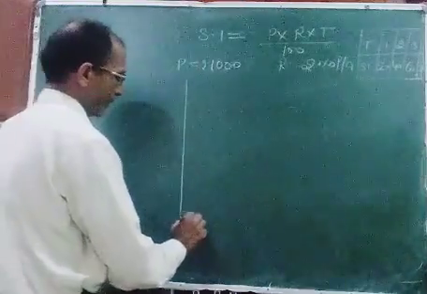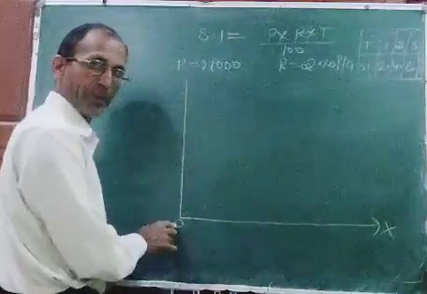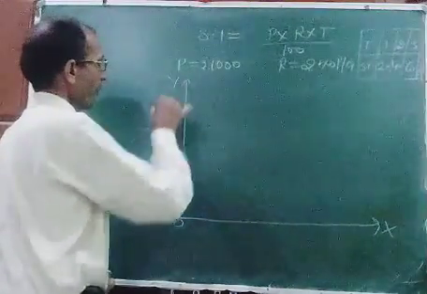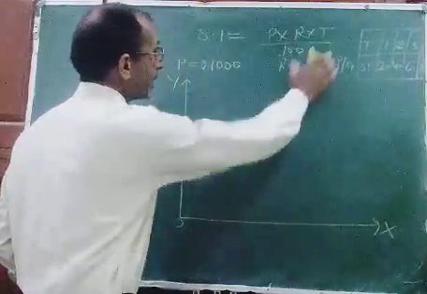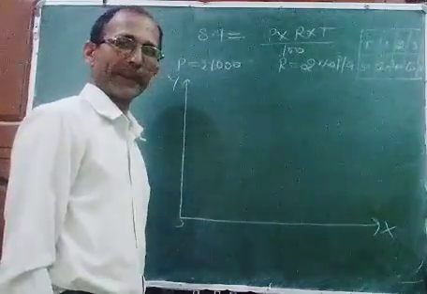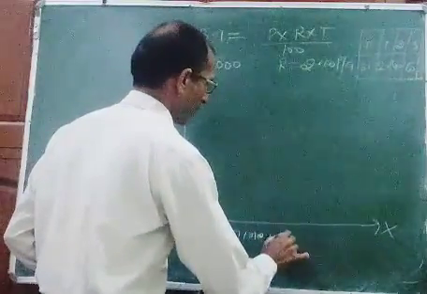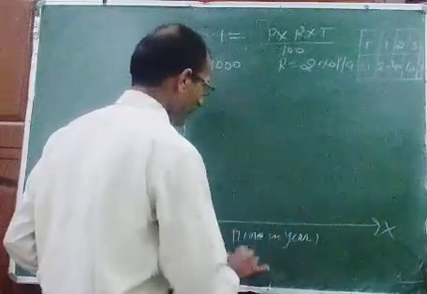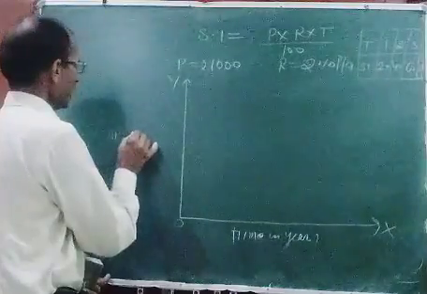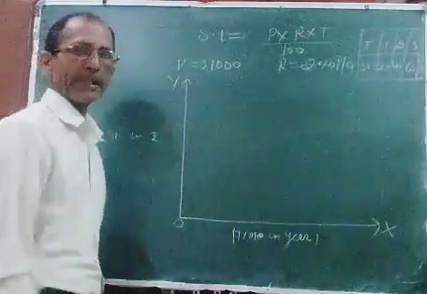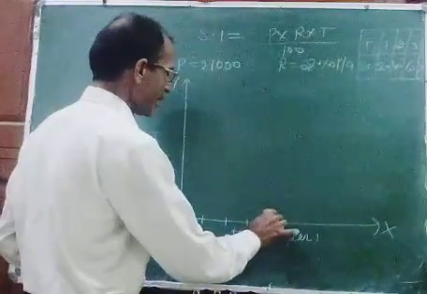This is your graph paper. X, you have to write here O, and this is Y. On the x-axis, I will take the time. Time in years. And here I will write simple interest in rupees. Mark points at equal distance.